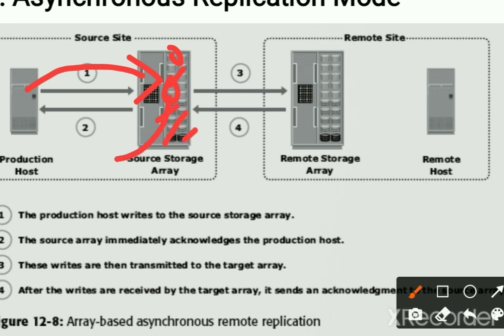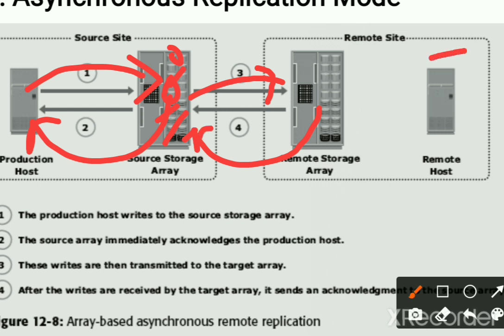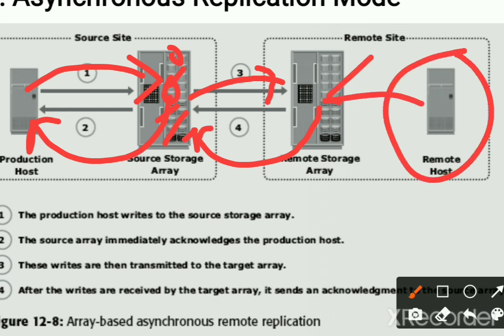The source array acknowledges the data received from the host, and then transmits the data to the target array, and after all the writes are received, it acknowledges, and the remote host can continue the operation using this remote storage array.